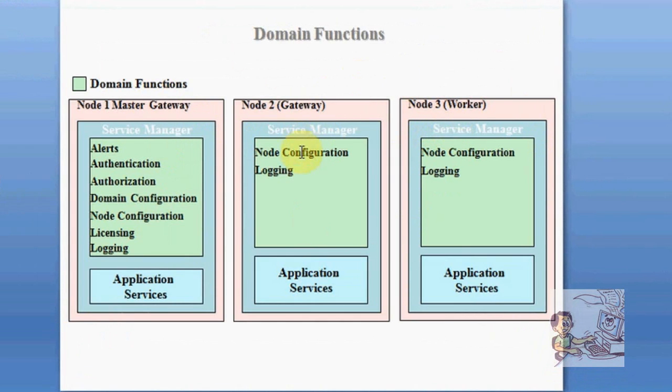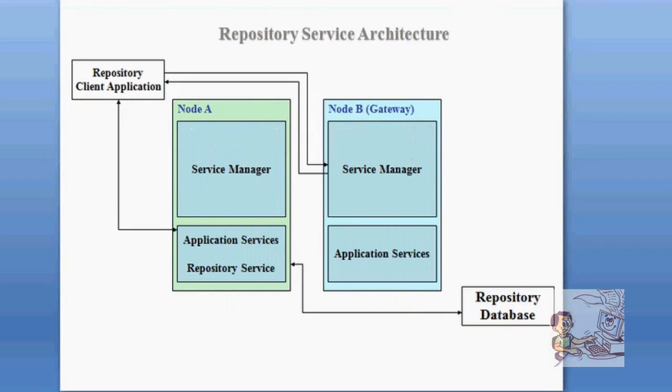At this point, the worker node and gateway node contain the same properties: node configuration, logging, and application services. But the master gateway contains all alerts, authentication, authorization, domain configuration, node configuration, licensing, and logging, because this is the entry point to the domain.